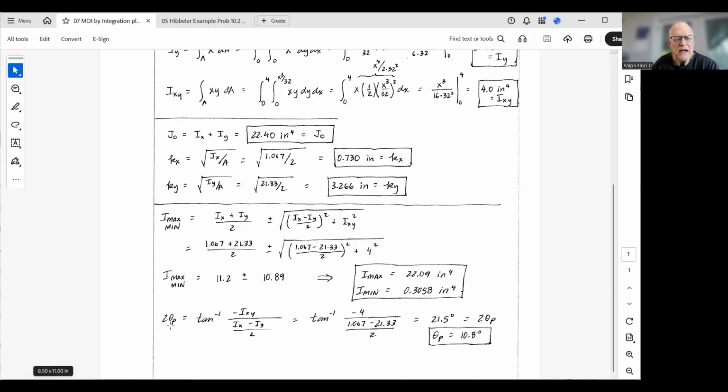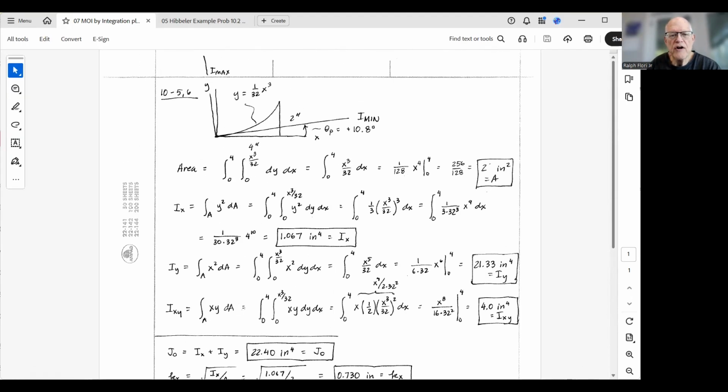So if you take our Ixy, which is 4, and plug that in here, our Ix is 1.07, our Iy is 21.33, plug them in here. 2 theta p is the inverse tangent of this. And we get theta p is 10.8 degrees. And so our nearest principal to our x orientation is 10.8 degrees up.